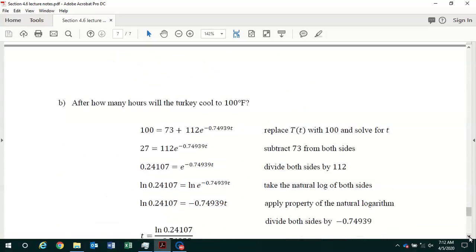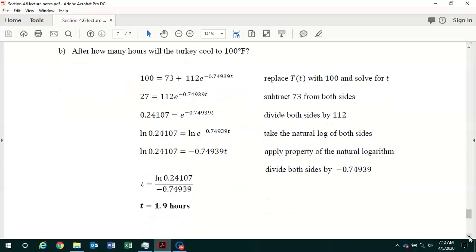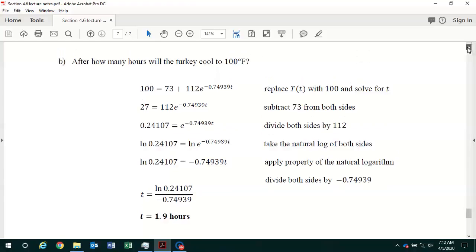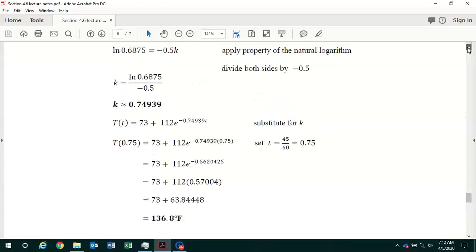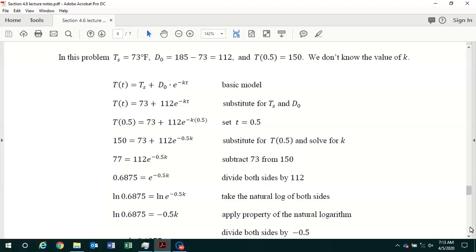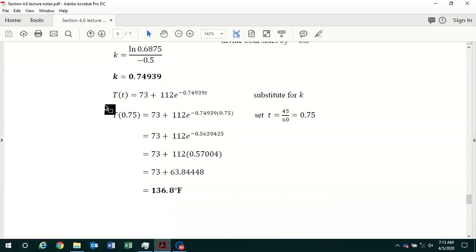At the top of the next page, you're asked after how many hours the turkey will cool to 100 degrees Fahrenheit. So going back up to our model, here's our model right here.